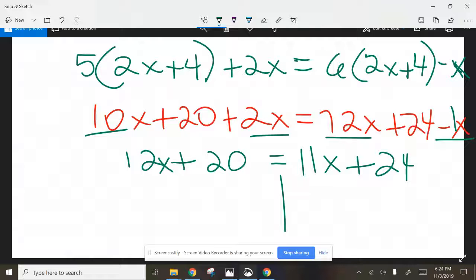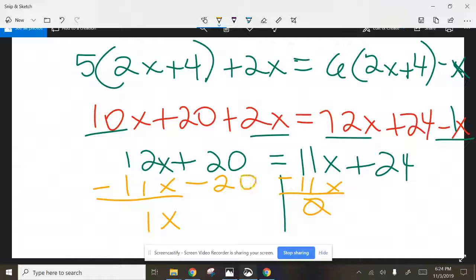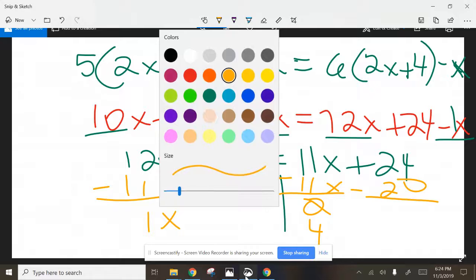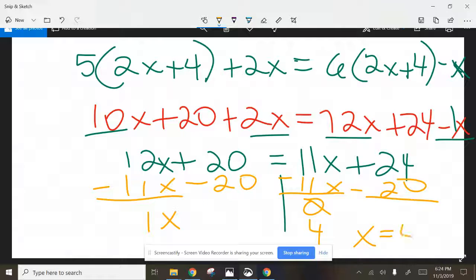Now, if I look at both sides, if both sides have the same variable, then you know it's not going to be infinite solutions or no solution. You're going to get an answer that's going to come out nice and neat. 1x, and then I'm going to subtract 20 from this side. I'm going to get 4. 1x equals 4 is your answer. x equals 4.